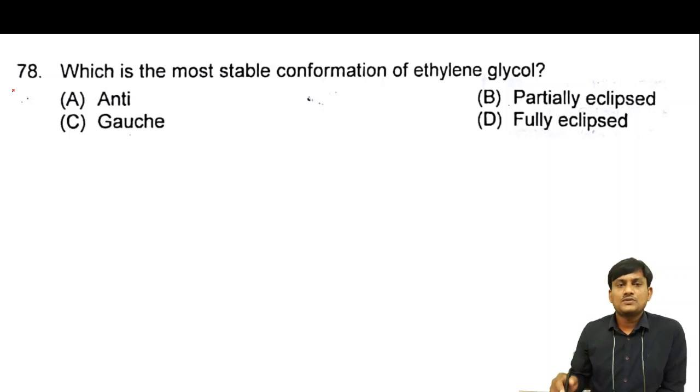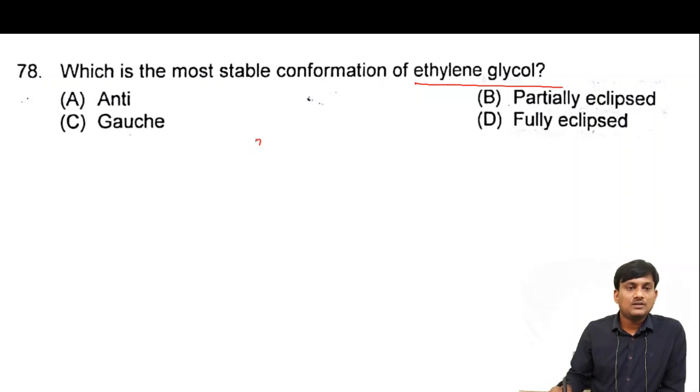Which is the most stable conformation of ethylene glycol? Suppose you take ethylene glycol, CH2OH and this is the CH2OH.